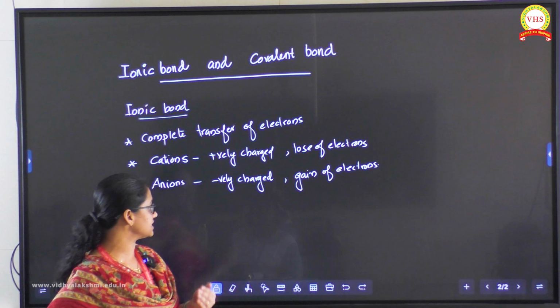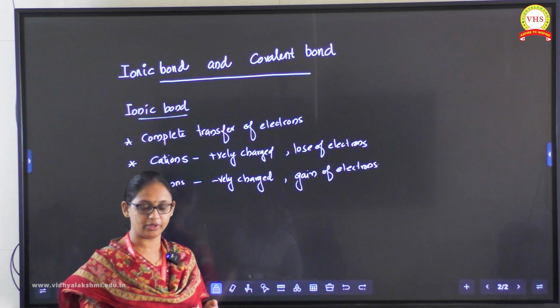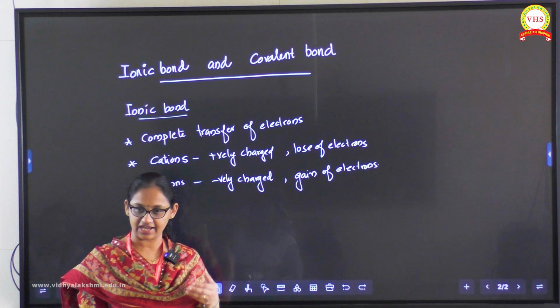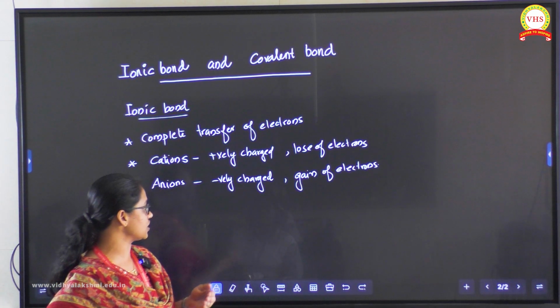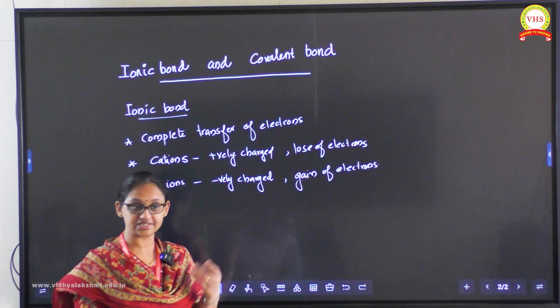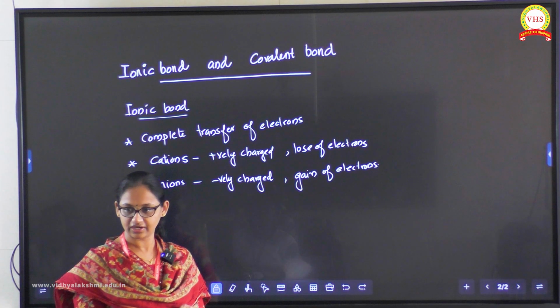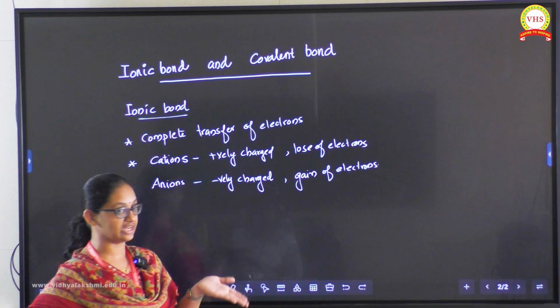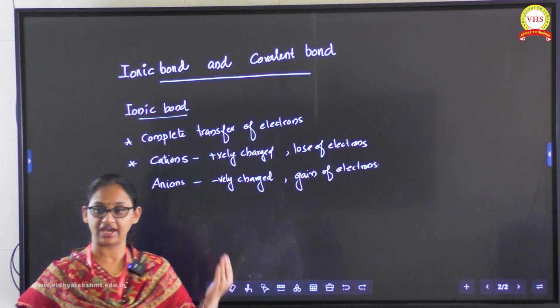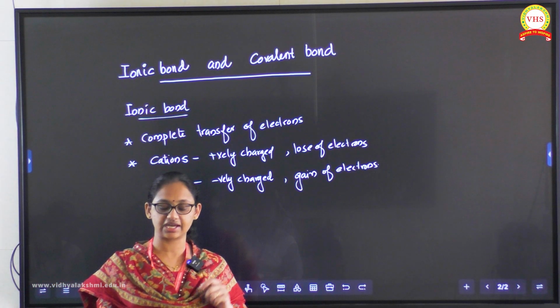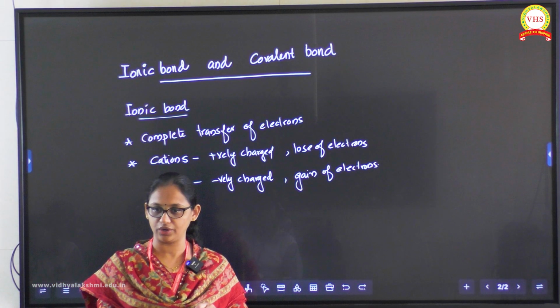Clear? So here the electron is transferred from cation to anion. That kind of bond is called an ionic bond.